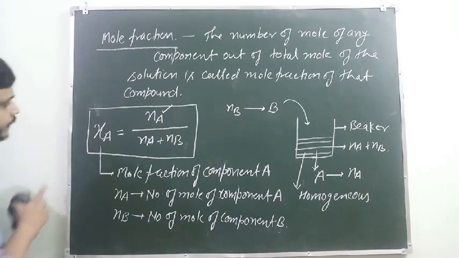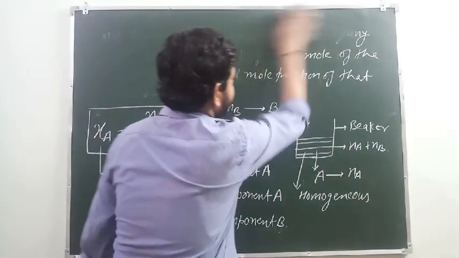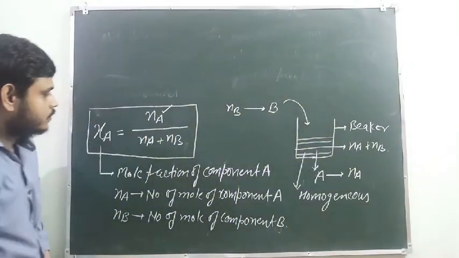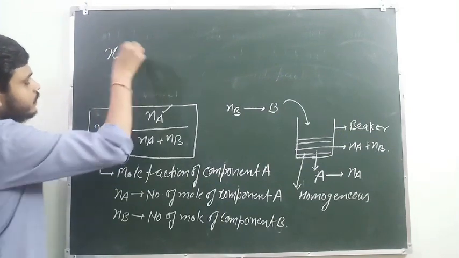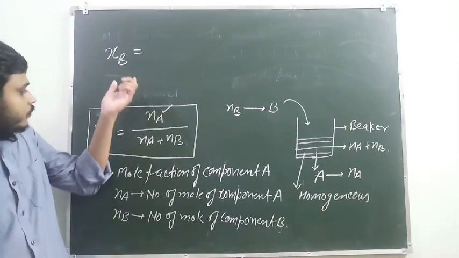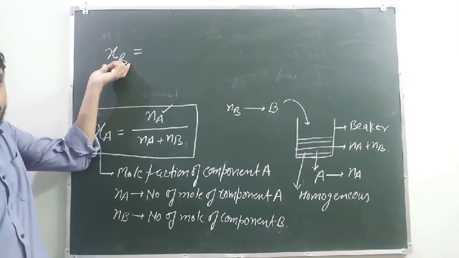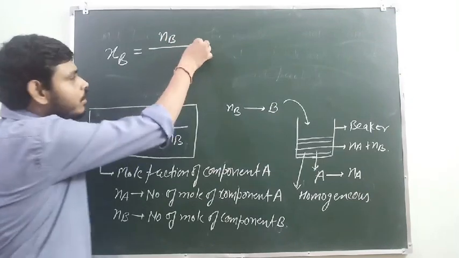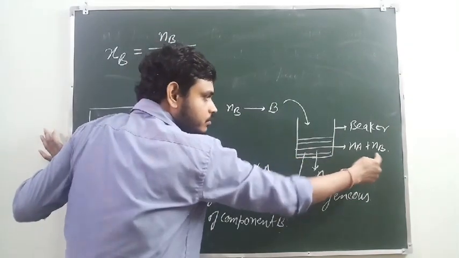Now we are calculating the mole fraction of component B. So we have to put the value of number of mole of B out of total number of mole present in the solution.